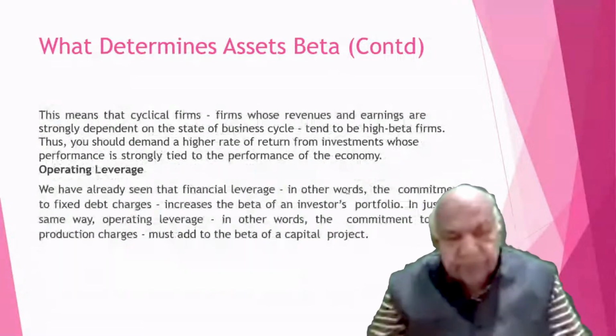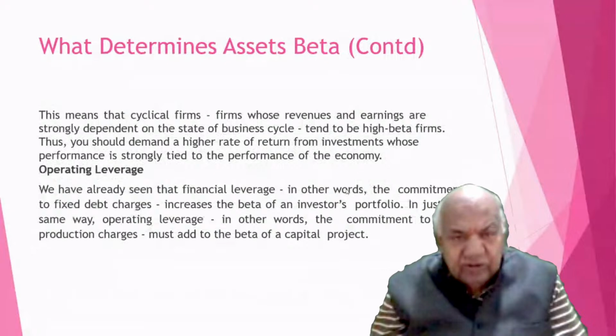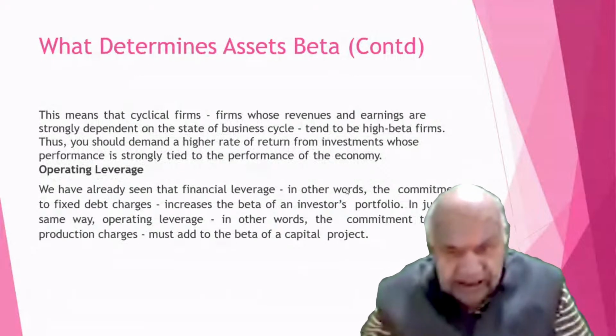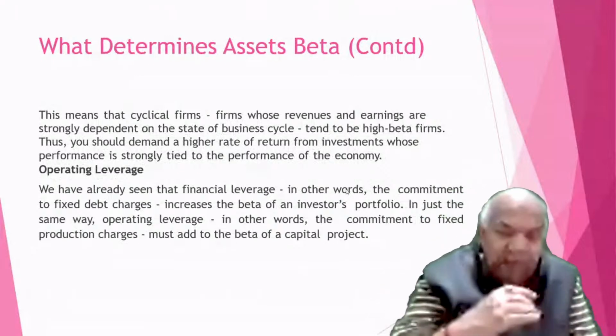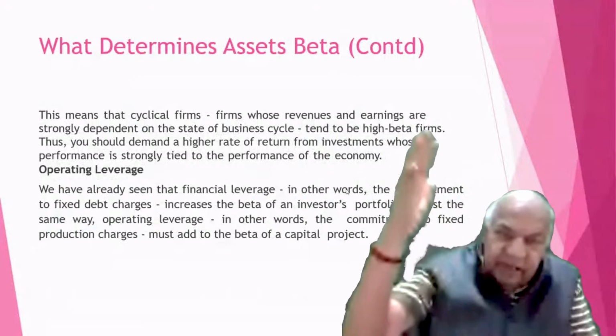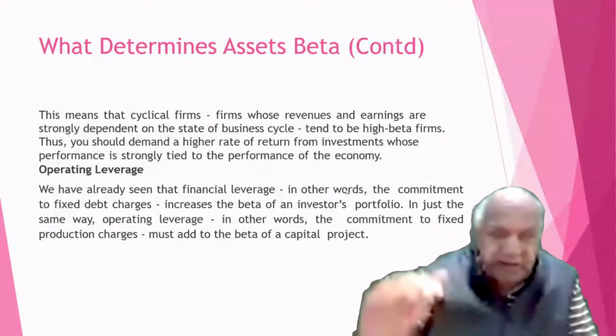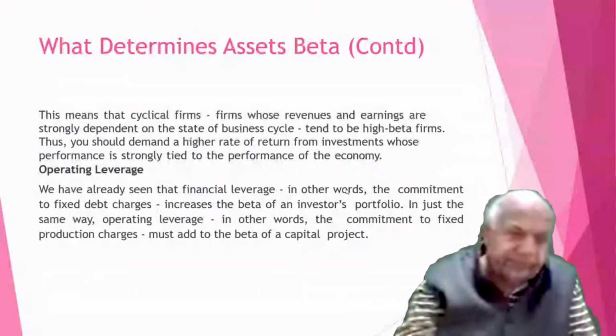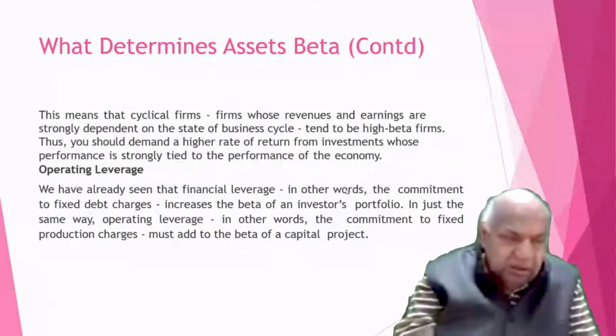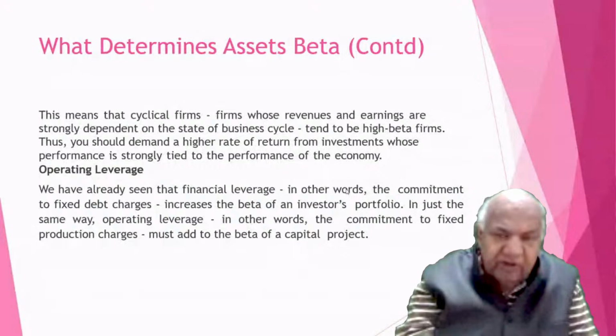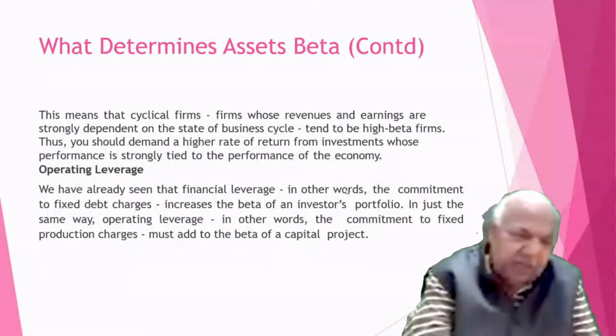This means that cyclical firms, whose revenues and earnings are strongly dependent on the state of the business cycle, meaning when there is a boom there are more profits, and when there is depression there are fewer profits or maybe losses, tend to be high beta firms. Thus, you should demand a higher rate of return from investments whose performance is strongly tied to the performance of the economy.